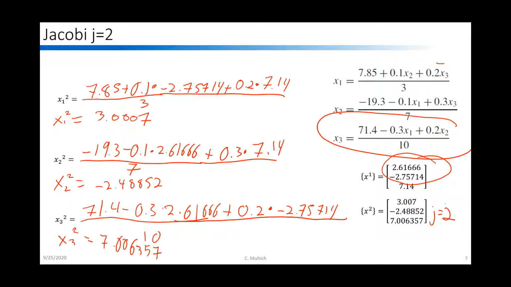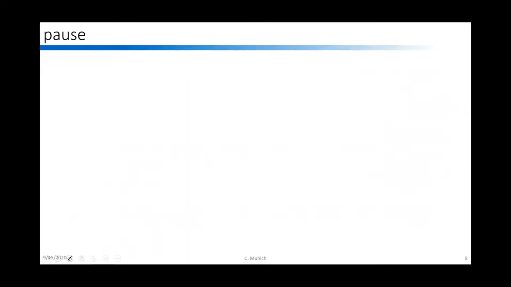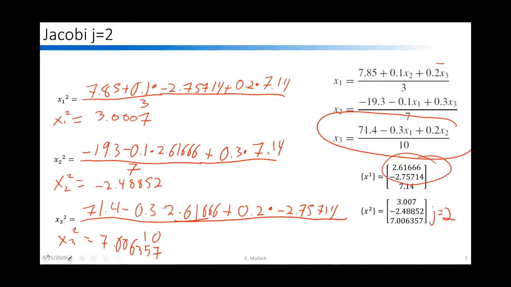Now that we finished the second iteration, we could go ahead and complete the third iteration, the fourth, etc. It gets repetitive relatively quickly, so I've gone ahead and done that out for us.